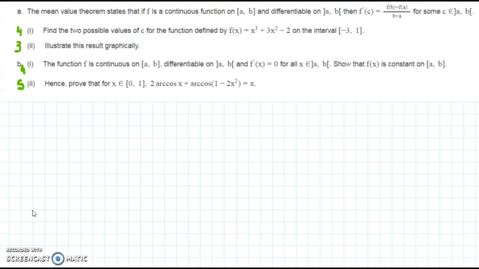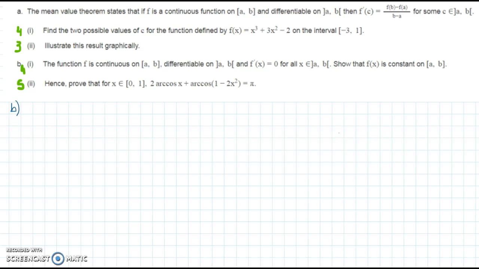Now we got to part B, which I think is the most interesting, and I encourage you to pause the video and read carefully what part B is asking us to do. If you read it carefully, you probably have noticed that part B2 is an application of part B1.